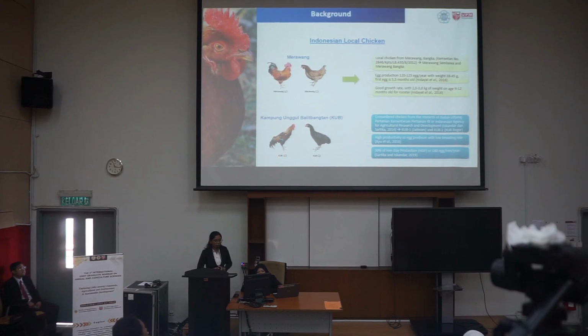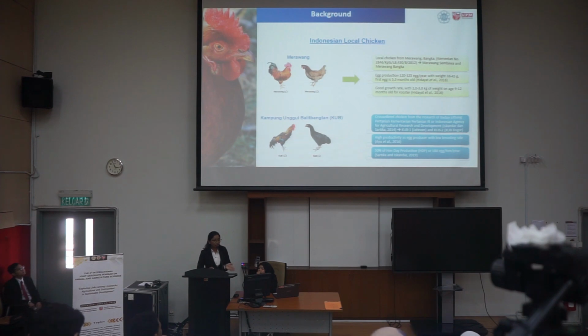Merawang itself consists of two breeds because of the different regions: Merawang Sembawa and Merawang Bangka, which have a good growth rate, with 2.0 up to 3 kilograms of weight at the age of 9 to 12 months. This is very great for us if we use Merawang as a male line.